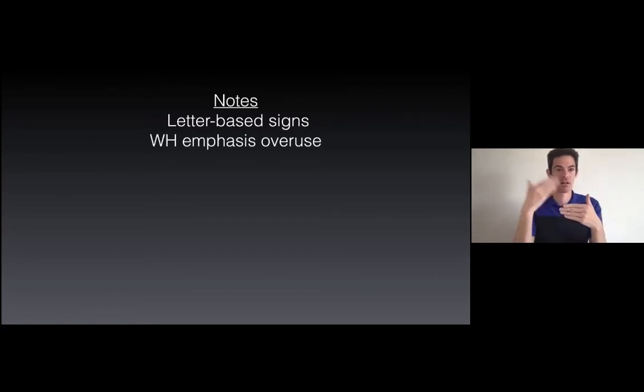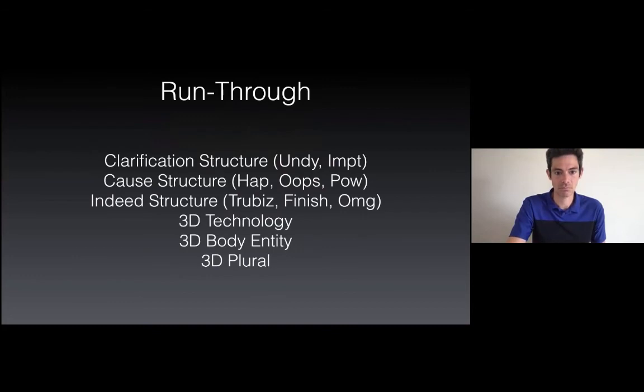So now I'll move on to the next slide. I'll run through clarification structure, which is understand and important, are the examples. Cause structure, like happen, oops, or pow.